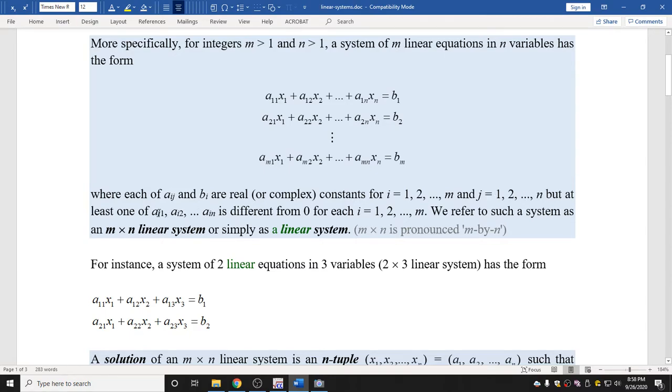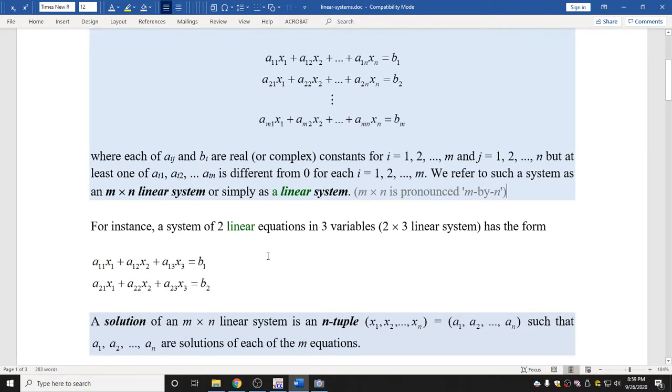But notice that at least one of the coefficients of each of the equations is different than 0. We refer to such a system as an m by n linear system, or simply as a linear system.